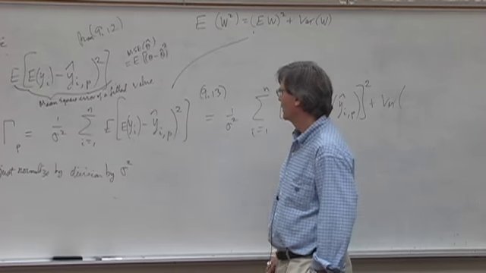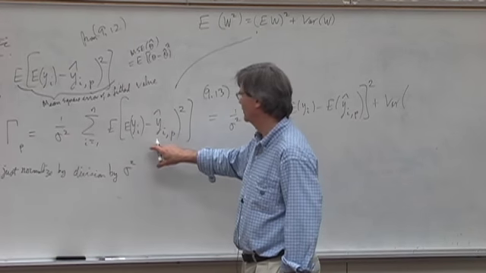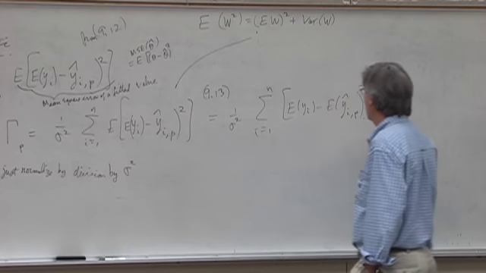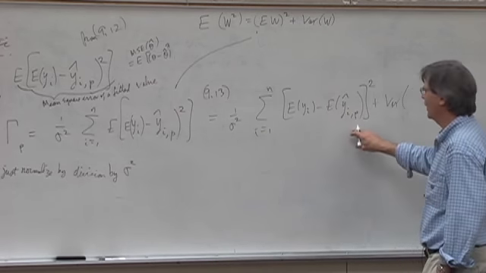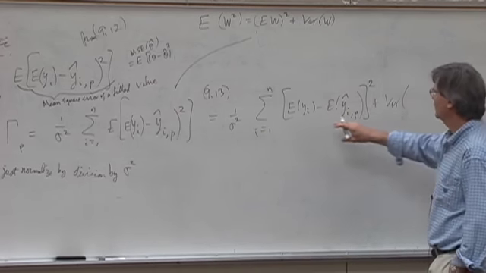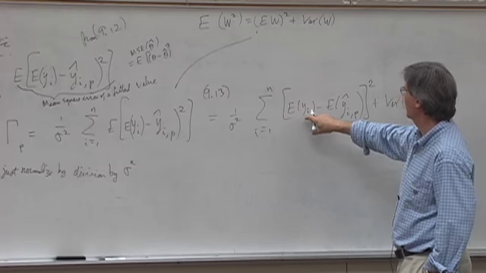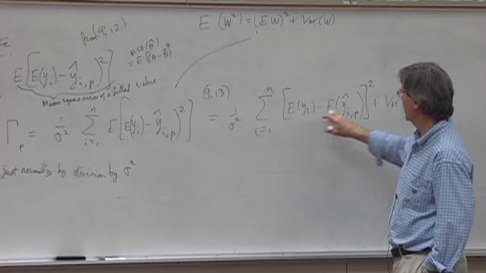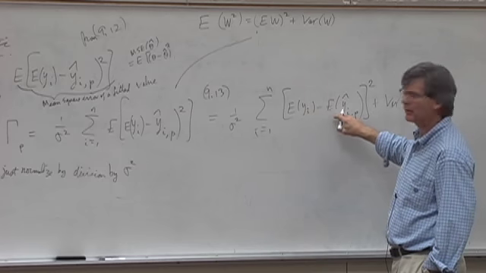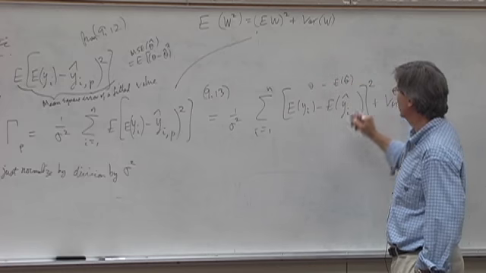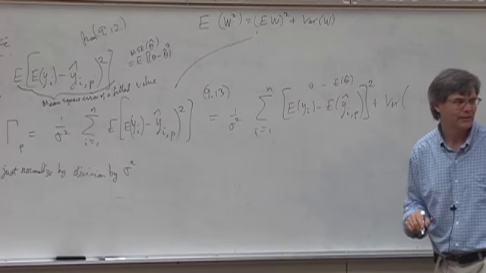Now I'm going to define this by normalizing that, just by dividing by sigma squared. Now, what is that? It's the expectation of theta hat minus theta, so that's theta minus E theta hat. This is your bias. Right?